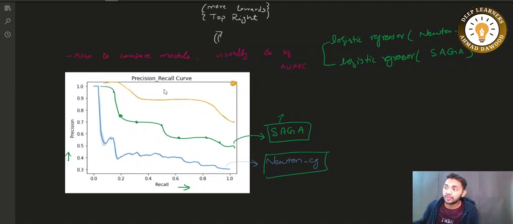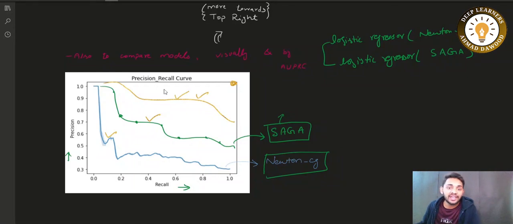You can select the model which has the curve more towards the top right corner. Or in other words, if you want to compare in the form of value, you can calculate a score: what score this blue one has, what score this green one has, and what score this golden one has.